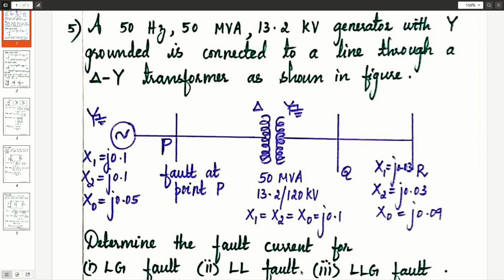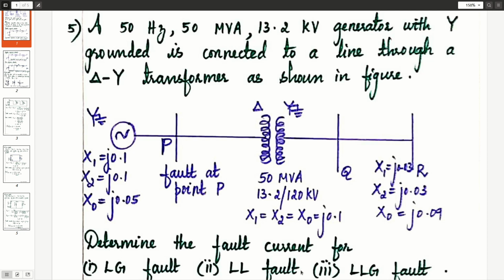As we have discussed in the previous class, I told you the 3 steps for estimating the unsymmetrical fault current. The first step is to draw the positive, negative and zero sequence networks of the given power system separately. Step 2, we have to draw the Thevenin equivalent positive sequence network, Thevenin equivalent negative sequence network and Thevenin equivalent zero sequence network.